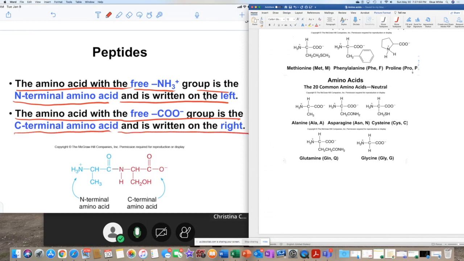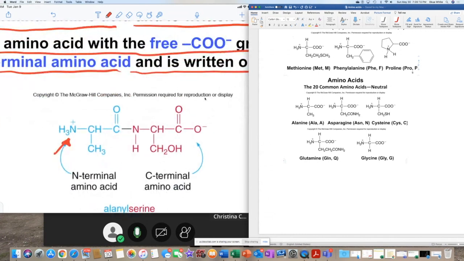Terminal usually means end, right? Like in a train station or plane, terminal means you've arrived, it's the end. So the N-terminal is the amino acid where the nitrogen is the one poking out. And for the C-terminal, we're looking for the carboxylic acid carbon.